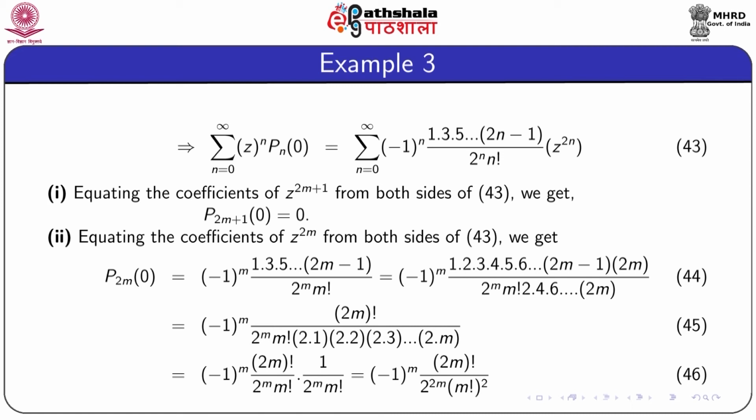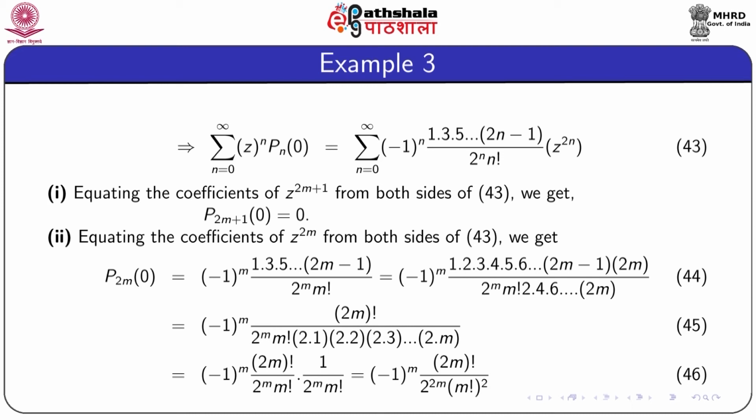To prove the second part of the problem, we equate the coefficient of z to the power 2m from both sides of 45. The left hand side is P_{2m}(0), and the right hand side is (-1)^m 1.3.5...(2m-1) divided by 2^m m!.